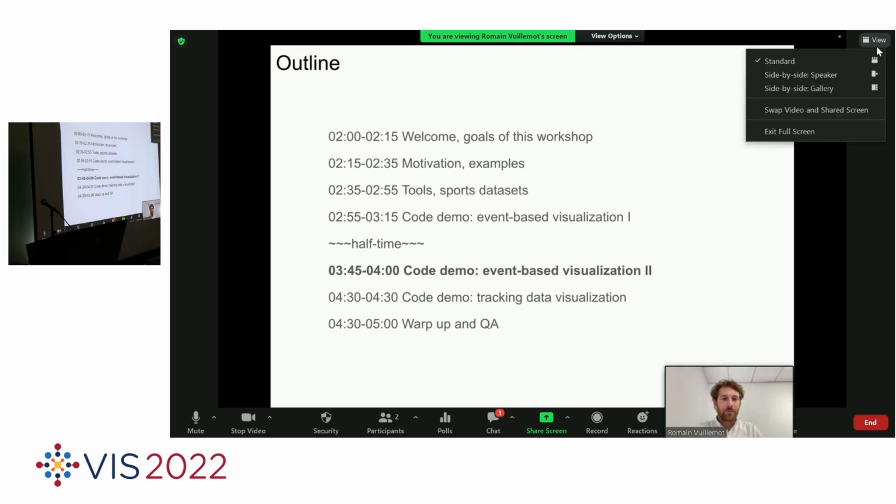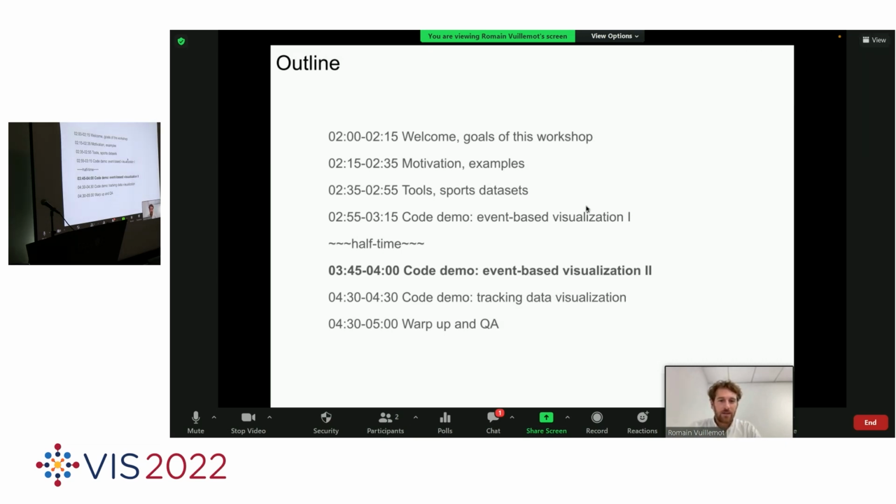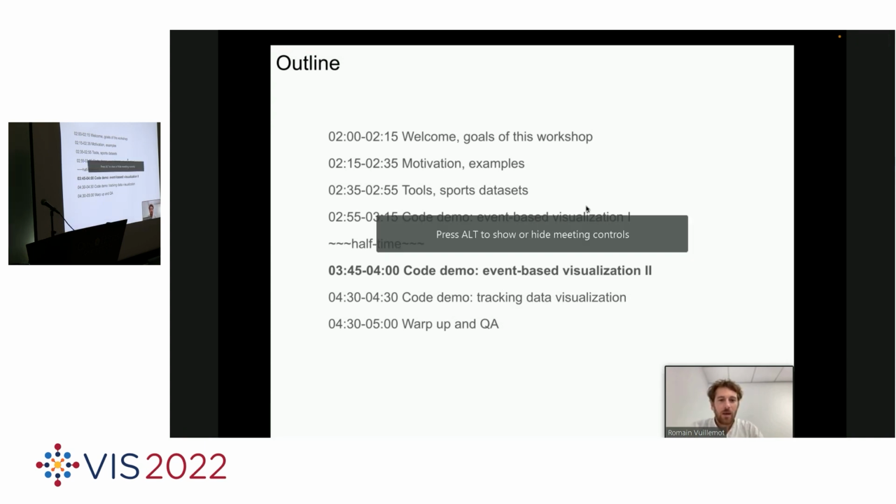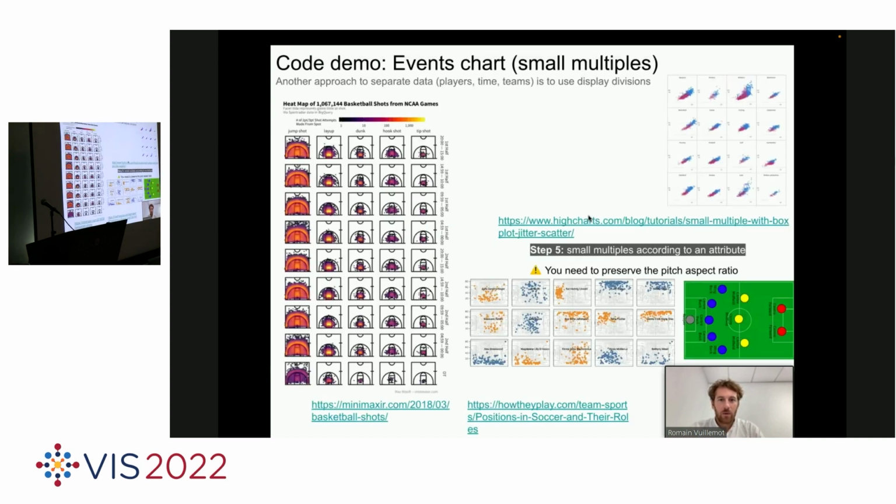Okay, so let's get started for the second part of this tutorial. We'll go back to the visualization we've just created. If you were here during the first part, we've built this shot map.